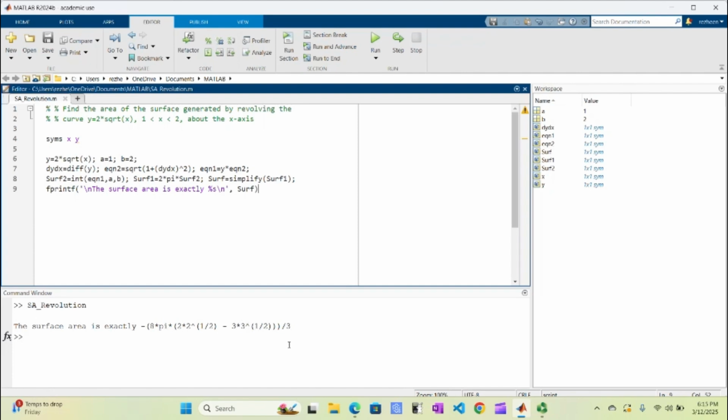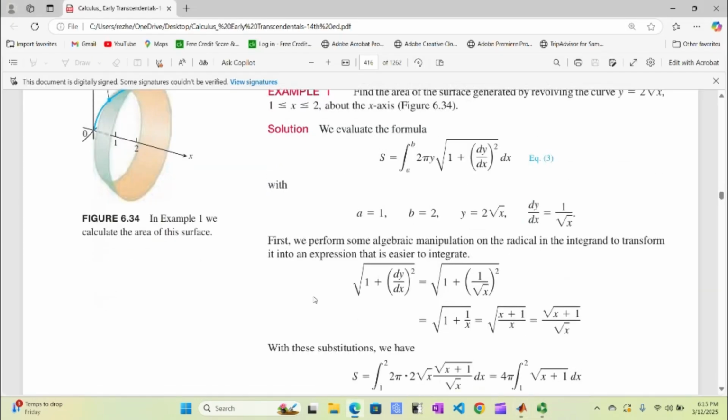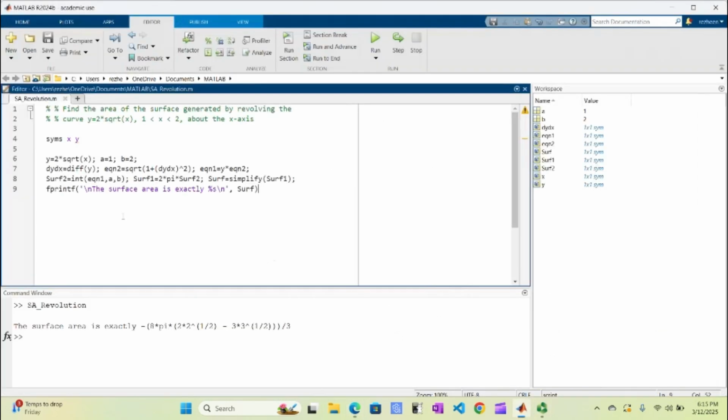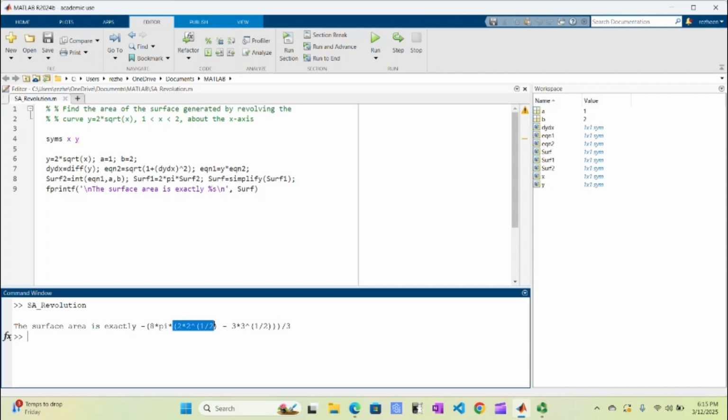So let's compare that to the book, see what they have. In the book they have 8 pi over 3 times 3 root 3 minus 2 root 2. So we have negative 8 pi because we start with 2 root 2 minus 3 root 3. So we get the same answer.